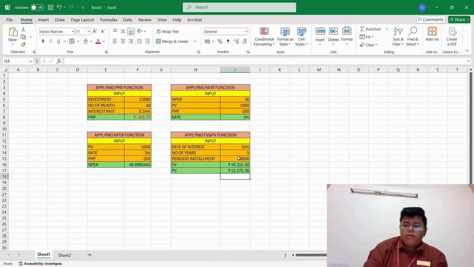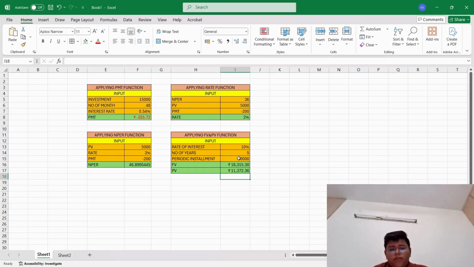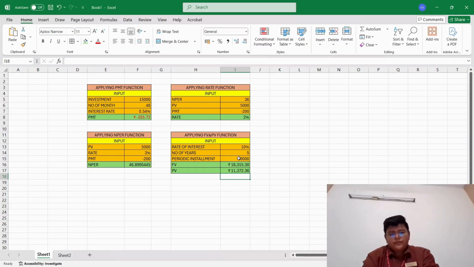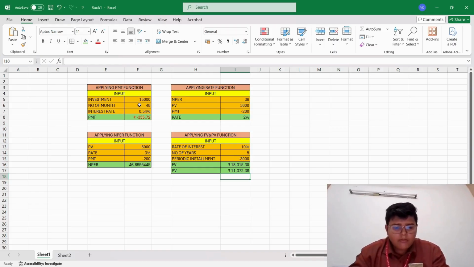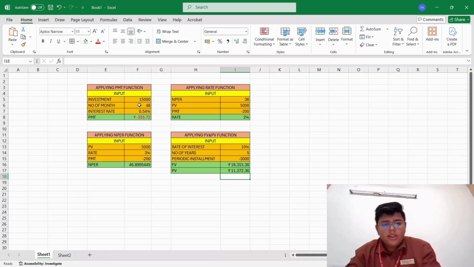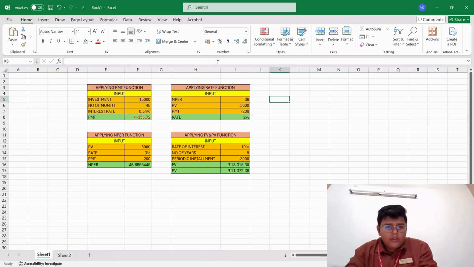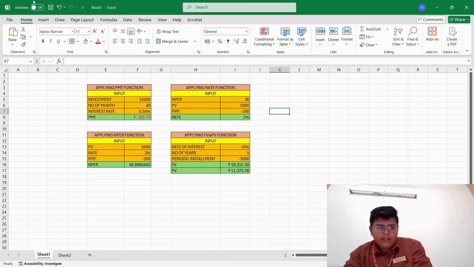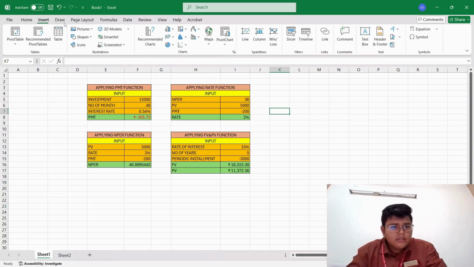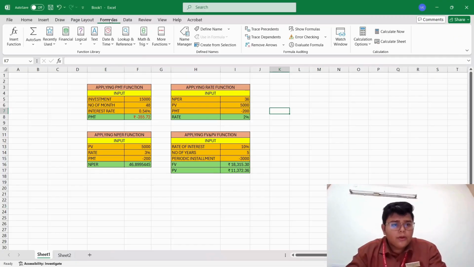One more thing about the financial functions. If you don't want to enter them with equal to, you can select a cell, then go to Formulas.